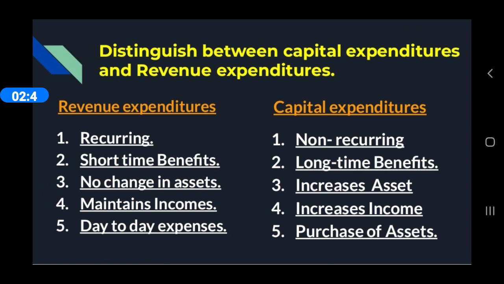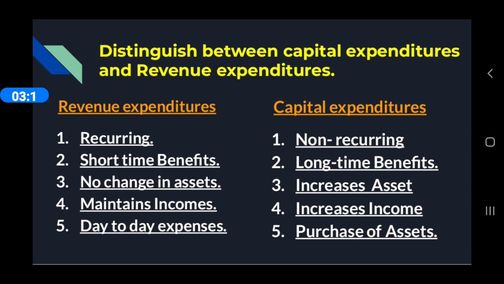Regarding the distinction between revenue expenditure and capital expenditure, the first basic difference is that revenue expenditures are recurring in nature, but capital expenditures are non-recurring. The second is short-term benefit. Revenue expenditure gives short-term benefit.